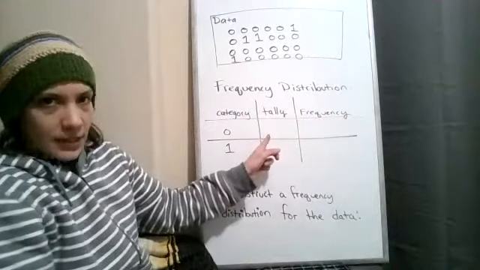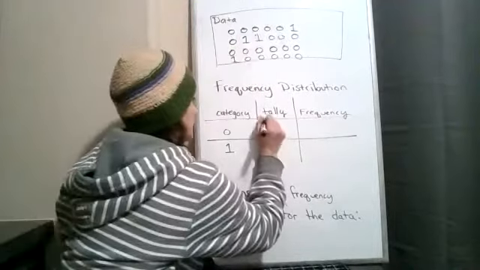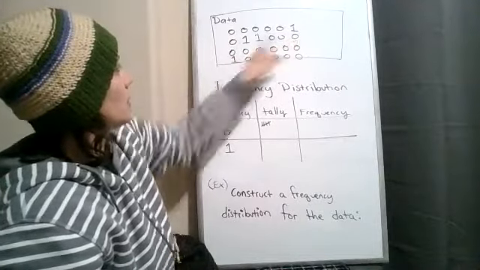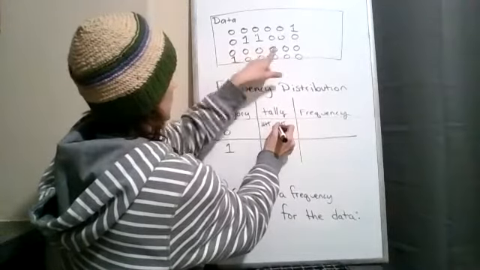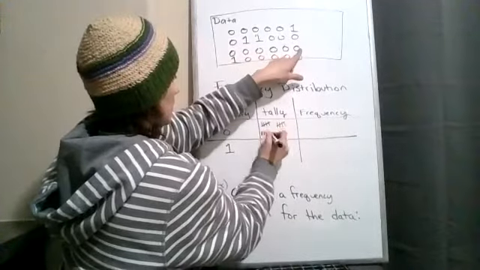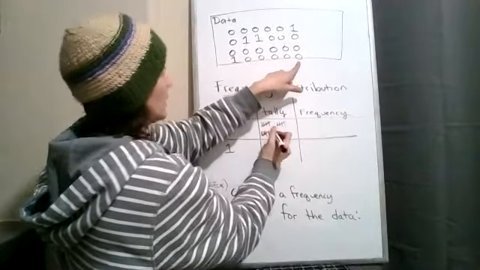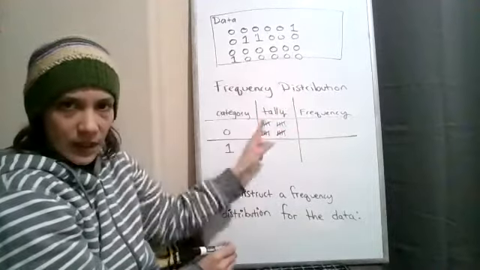Count your zeros. 1, 2, 3, 4, 5. Wait, I got 20. 5, 10, 15, 20.